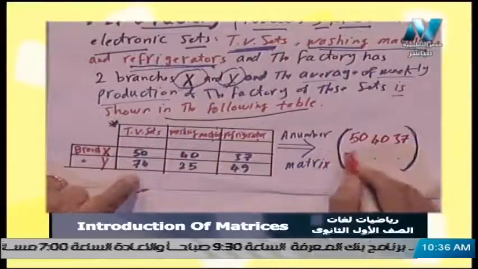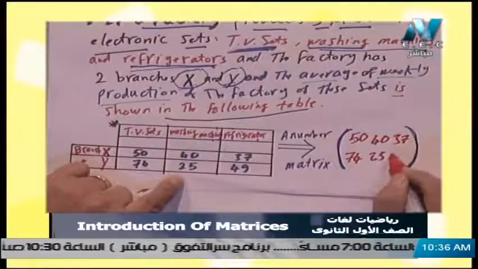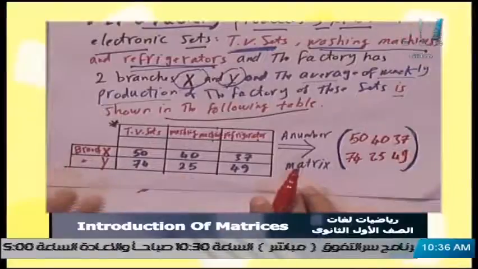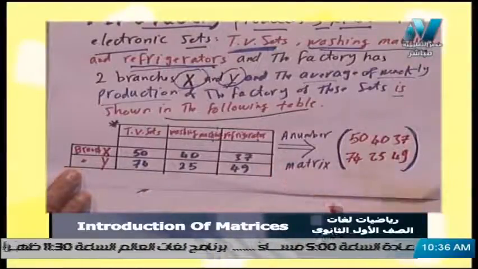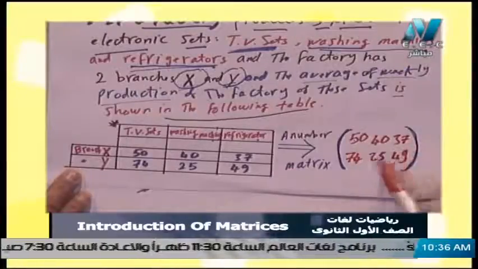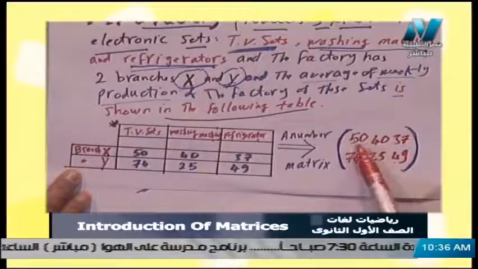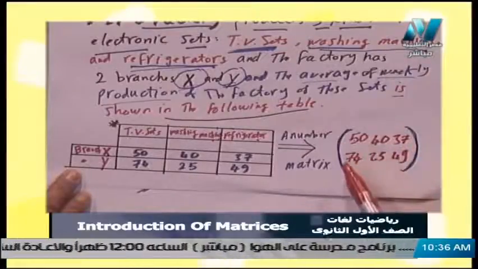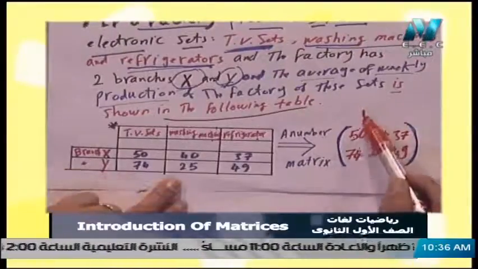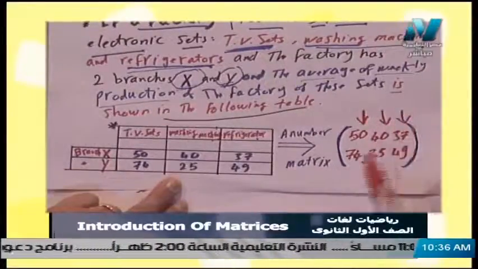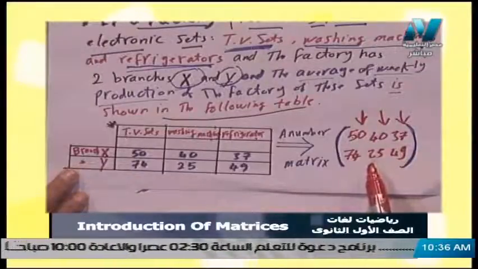Here 74, 25, and 49. So all this data can be written in this easy way as a matrix. In this matrix, we have elements in a first row, and a second row, and we also have 3 columns.